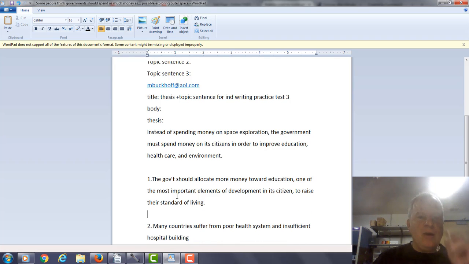I think we have it. So what I'm doing is I'm trying to turn it more into an argument. So you say the government should allocate more money toward education, one of the most important elements of development in its citizens, to raise their standard of living.